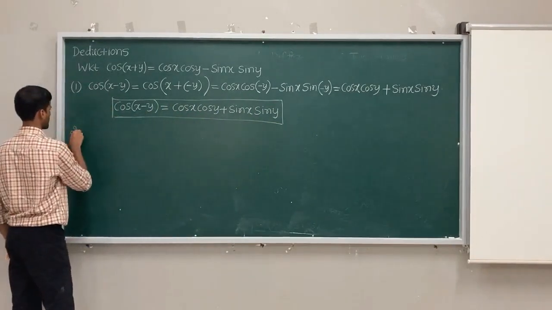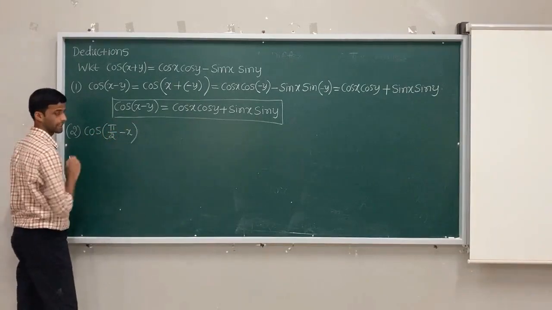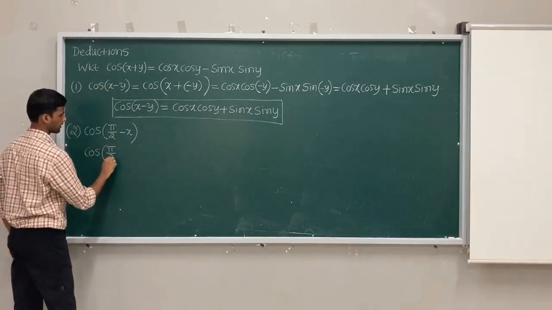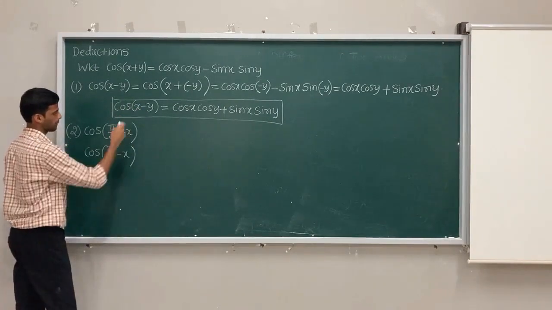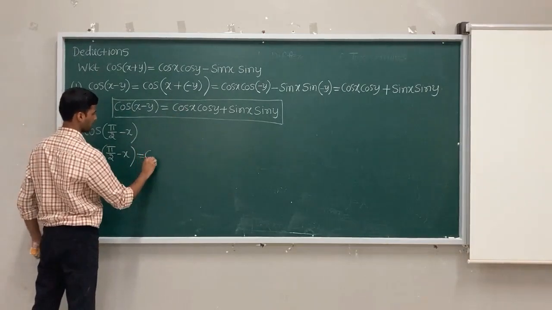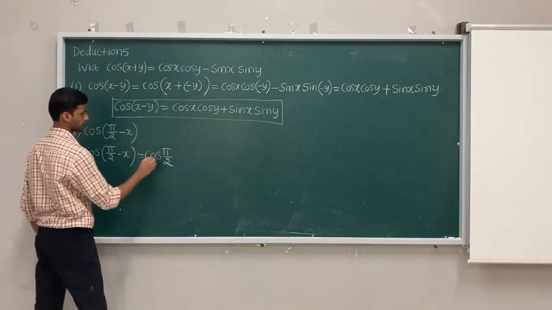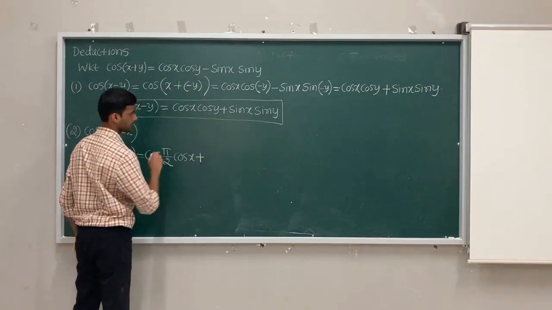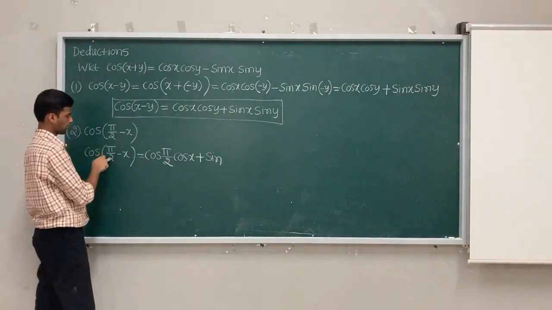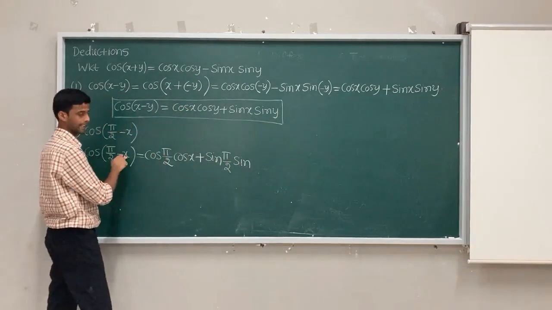Now second one, just now I told, I want to find cos of pi by 2 minus x. I know that cos of pi by 2 minus x is of the form cos of x minus y. In place of x you have pi by 2, in place of y you have x. So let me apply this result. It is cos pi by 2 into cos x plus sin pi by 2 into sin x.